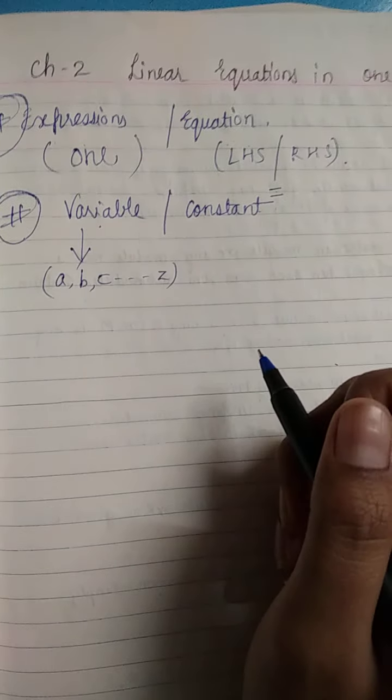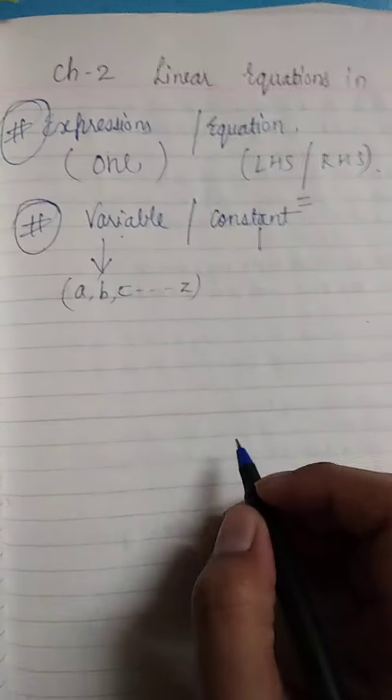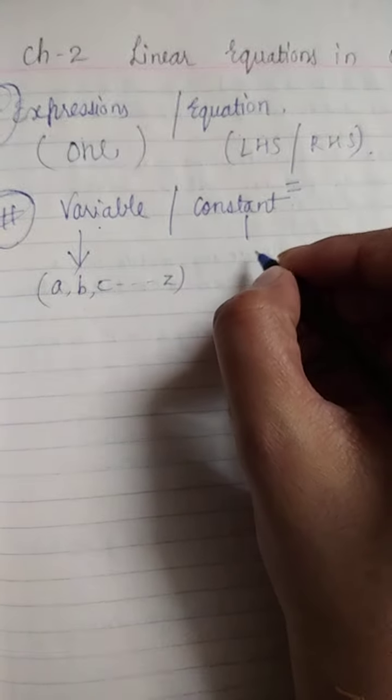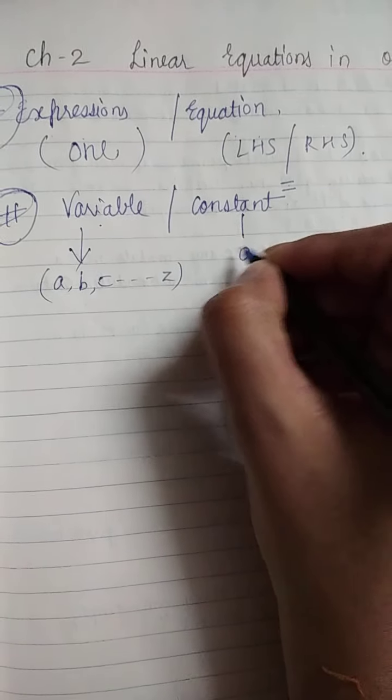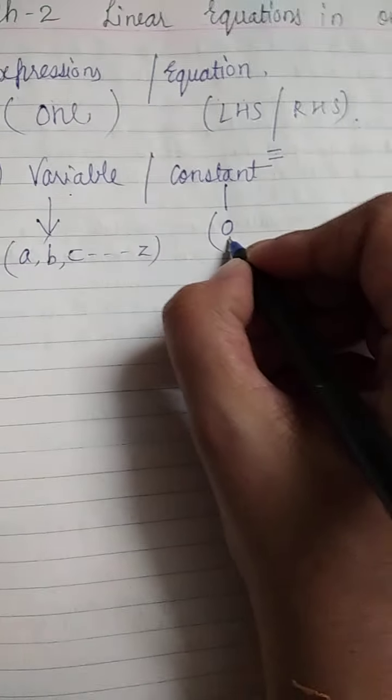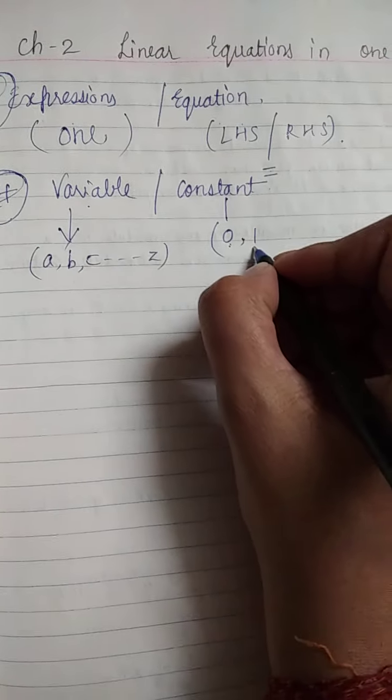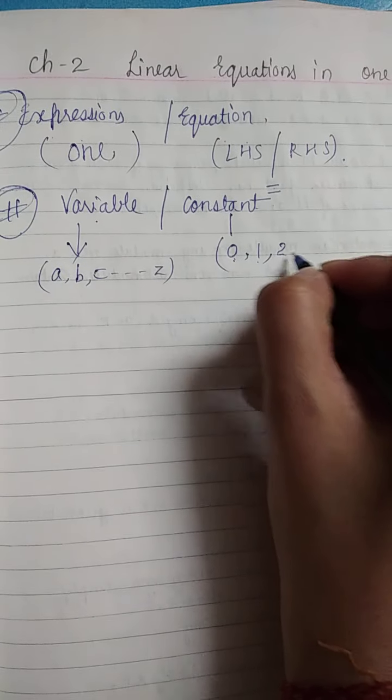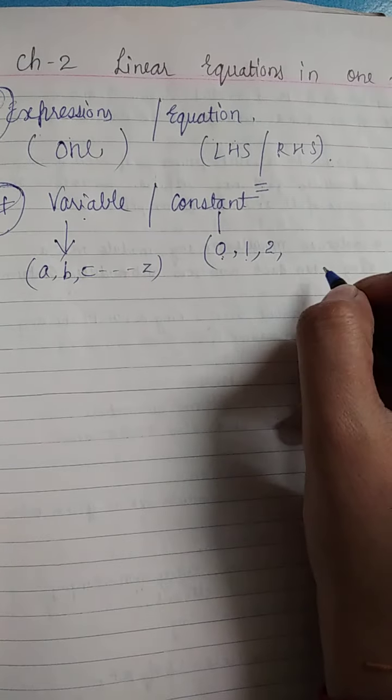But constants are numbers. It means if I put 0, everywhere its value is 0. If I put 1, everywhere its value is 1. If I put 2, everywhere its value is 2.